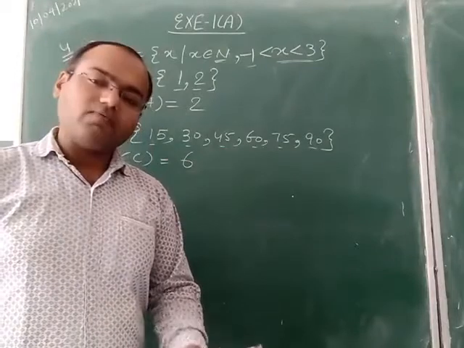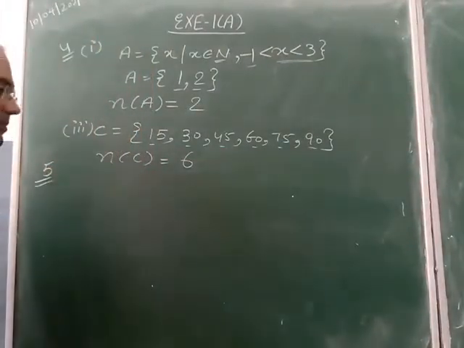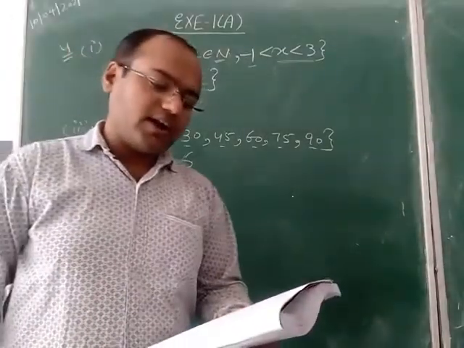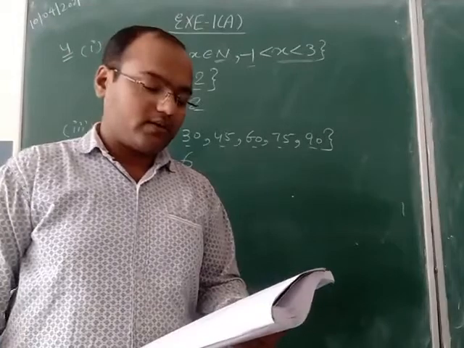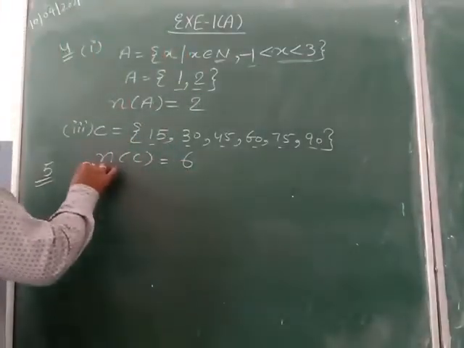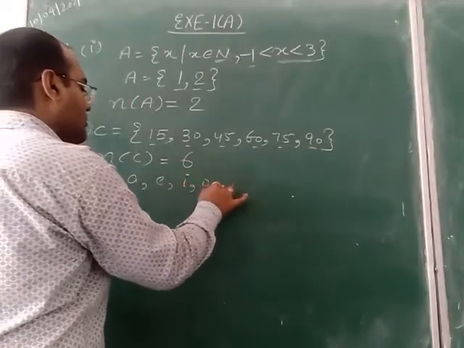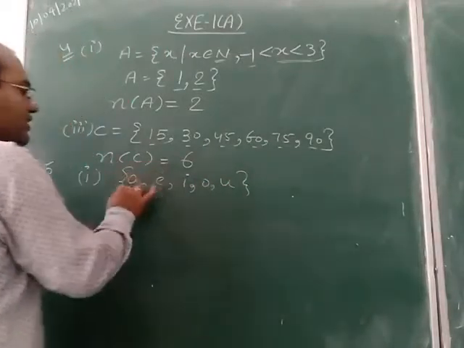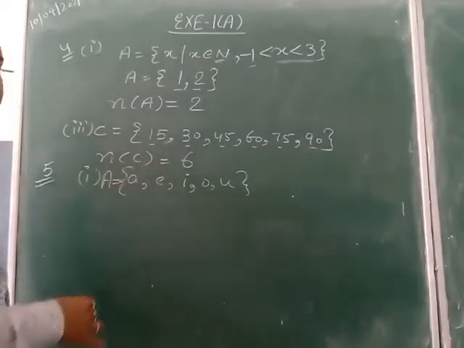Now question number 5. Write the following sets in set builder form. First part, A, E, I, O, U. Here the name of the set is not given, so we will write it ourselves. This is capital A, the set.